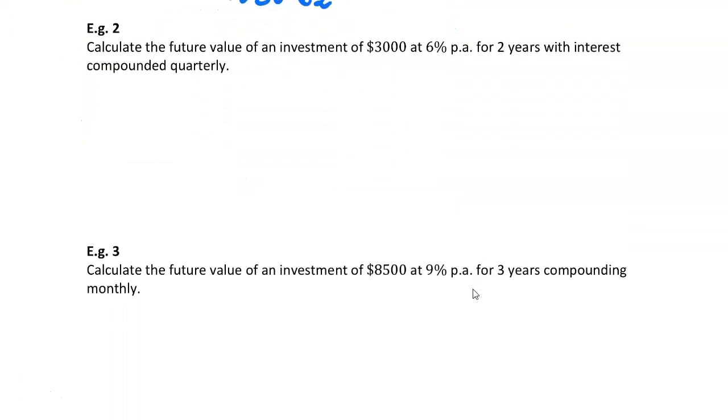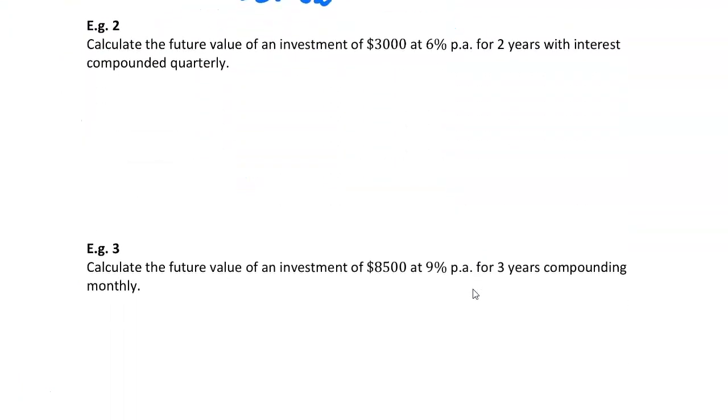Alrighty, so we've got this one. Calculate the future value of an investment of $3,000 at 6% per annum for 2 years with interest compounded quarterly.